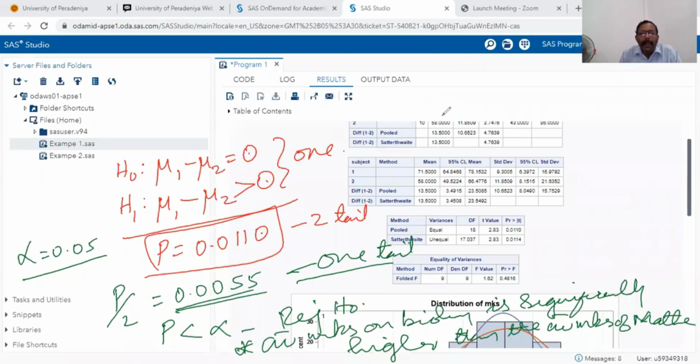Right? Is it clear? That is how we can report. So the reporting is based on how you formulate your null and the alternative. Null is usually as it is, but it depends on the alternative hypothesis.